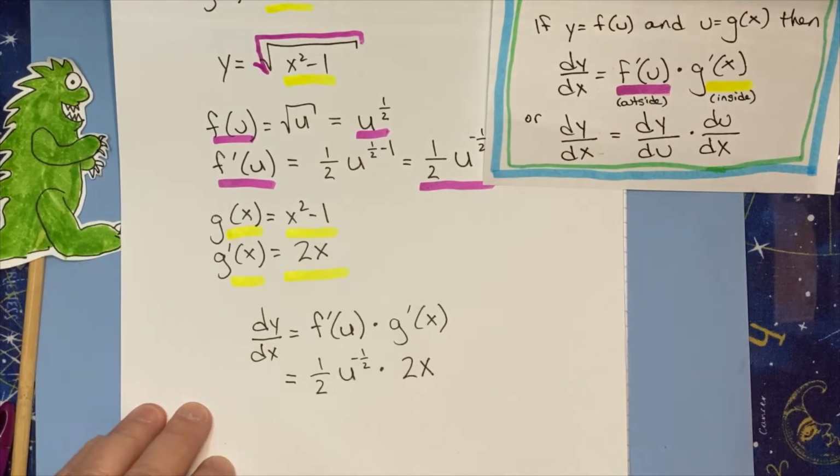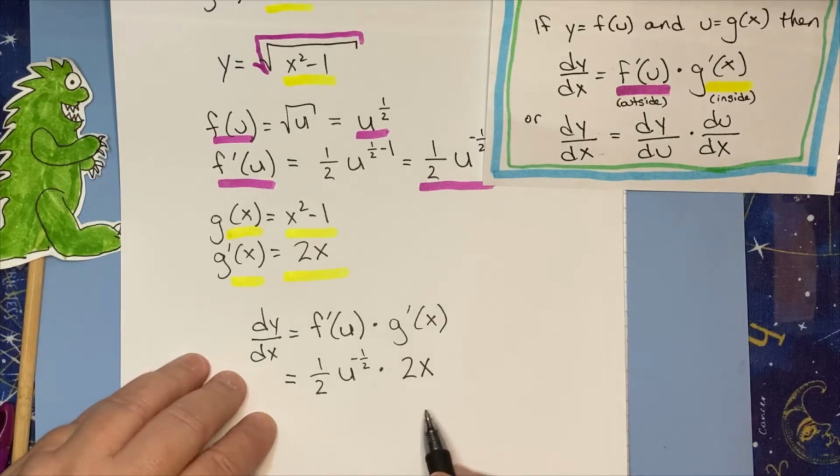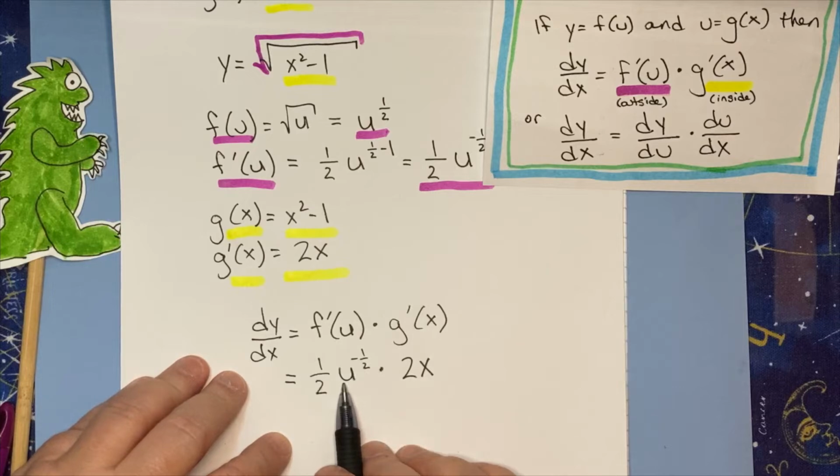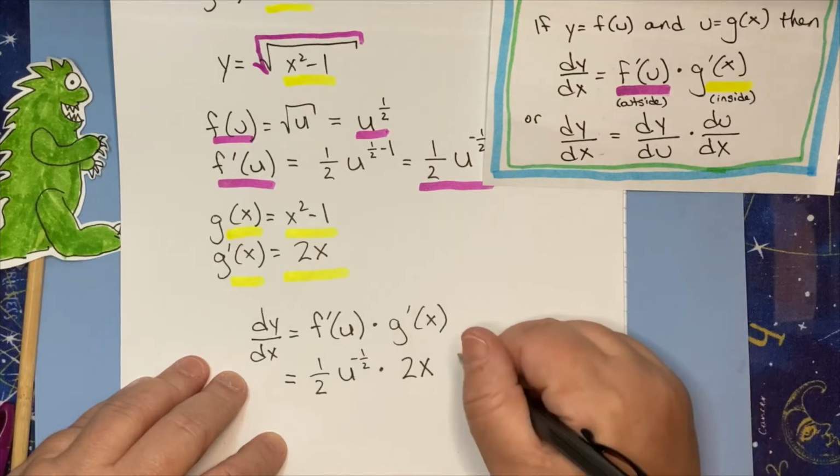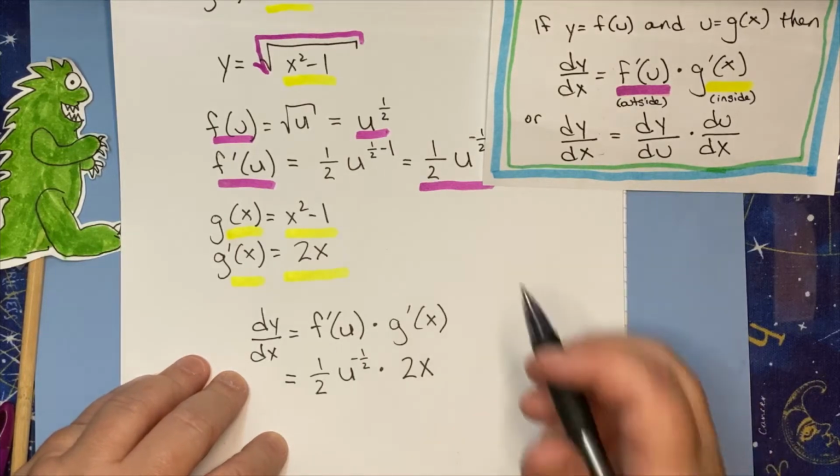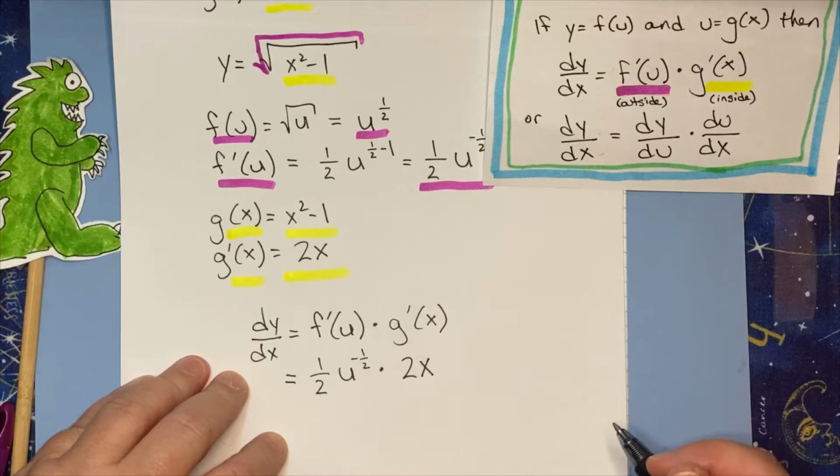Now, here's the downside. Now we've got x's and u's running around. So I'm going to go ahead and convert the u back into x. Now, do you remember what u is? Remember what u is? What is u? U is smart. U is beautiful. U is amazing.